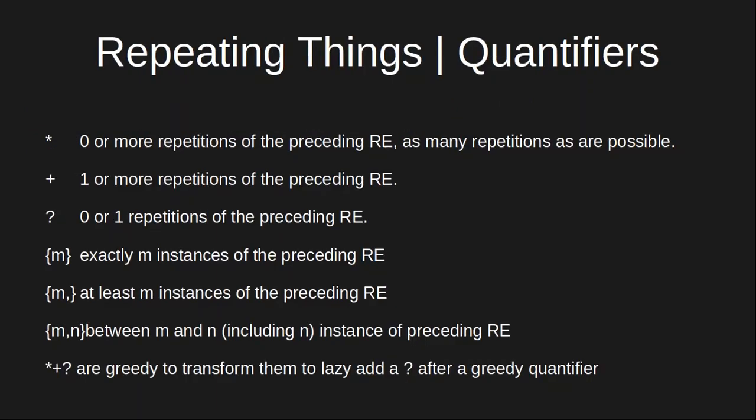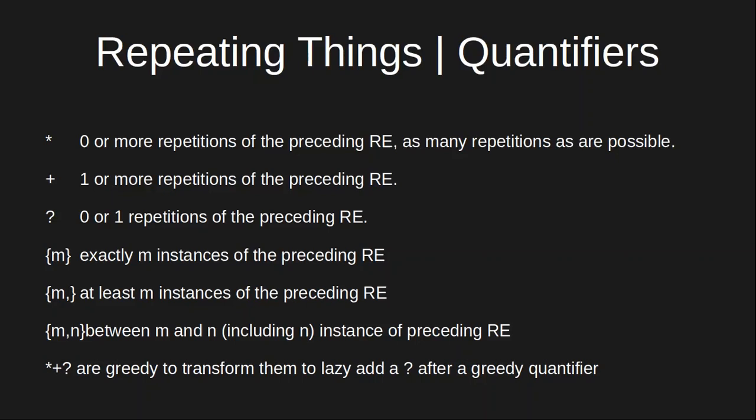Quantifiers are very powerful meta characters. Star, for example, means 0 or more repetitions of the preceding regular expression, as many repetitions as are possible. Plus sign, 1 or more repetitions of the preceding regular expression.